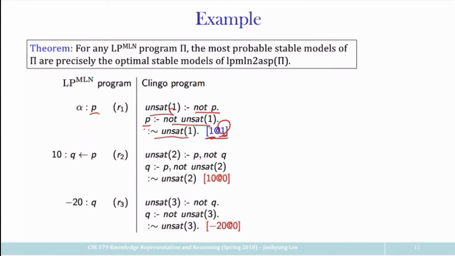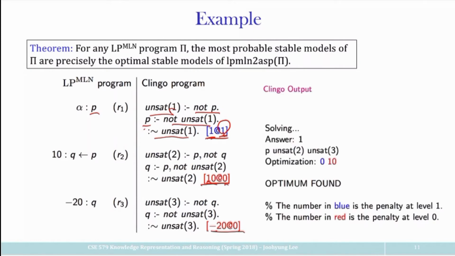For the next one, you get a similar translation, except now this level 0 constraint with the weight 10, and similarly with this. So if you do this, it will find this solution. So here, as you see, the optimization will give this value.